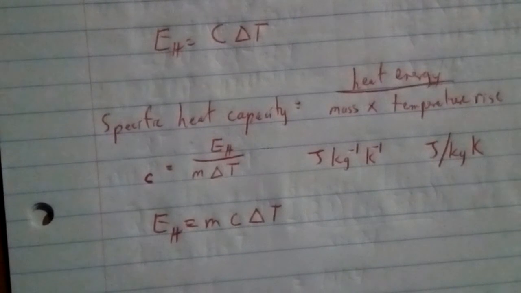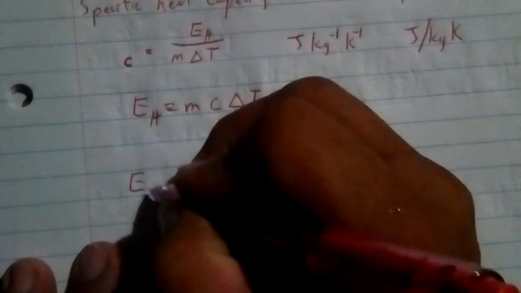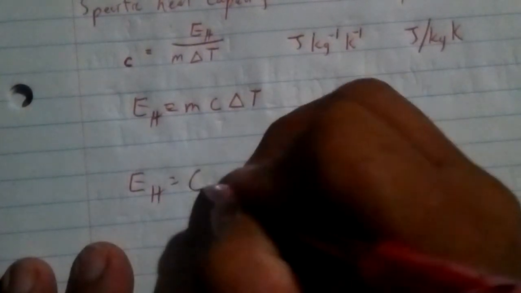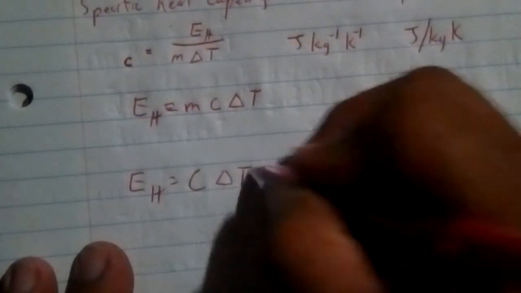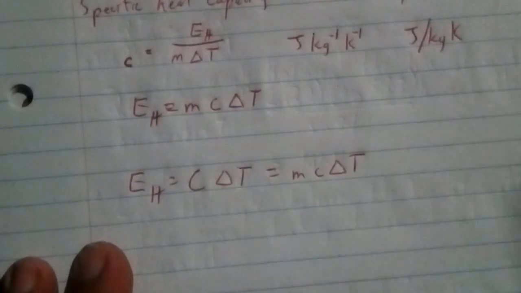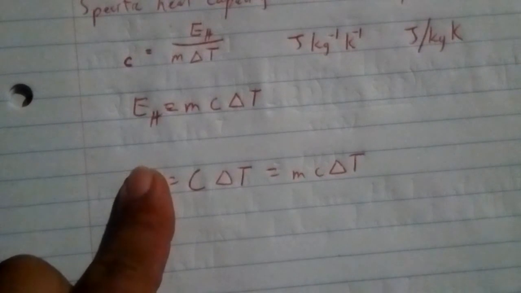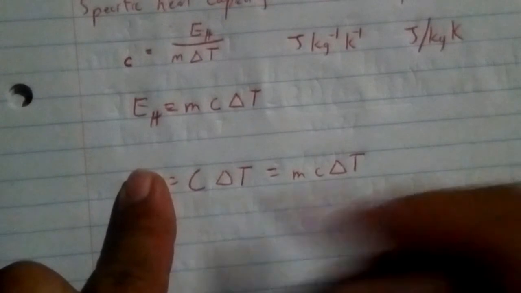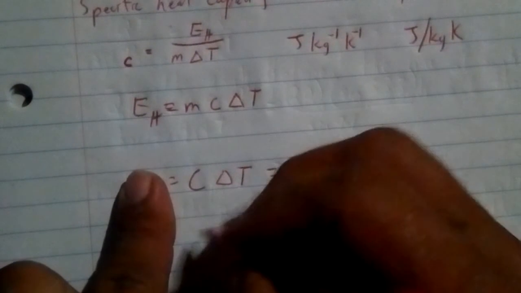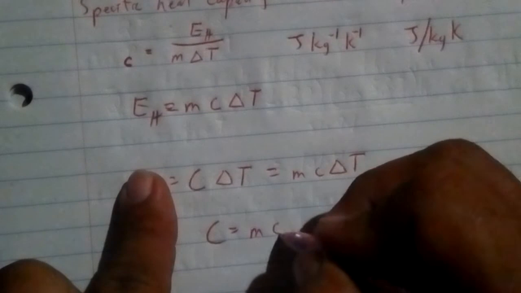So what we do is that we arrange them. This is now where algebra comes in handy. So we end up with E H equals capital C times change in T, equals M c times change in T. Alright, so forget about this heat energy now. Notice that both of them have change in temperature. So we can get rid of change in temperature, and we can say that C equals mass times specific heat capacity.